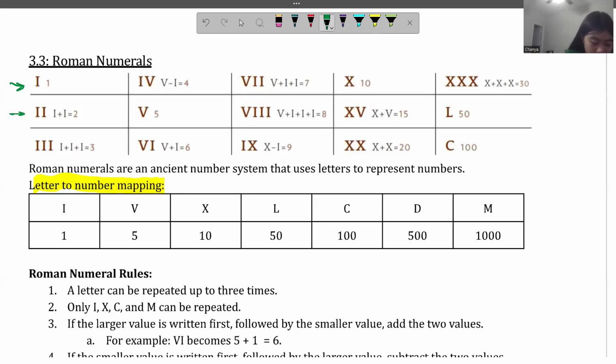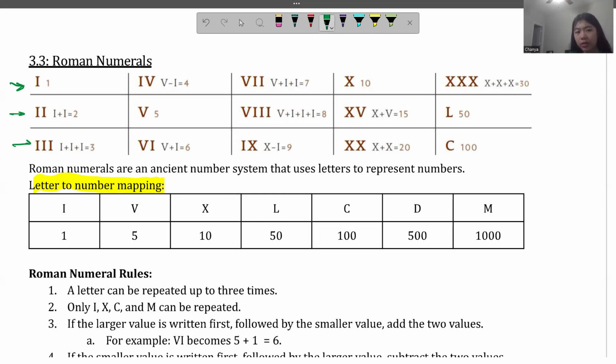For 3, that's III, because that's 3 of the letter that represents 1. So that seems fair enough, right? Let's look at some other examples.